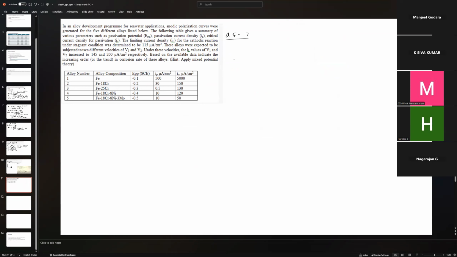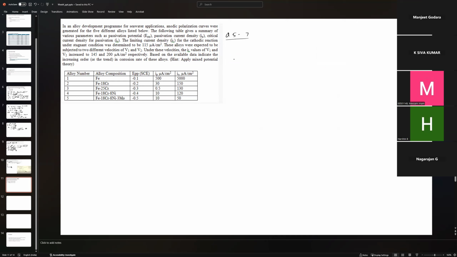The following table gives a summary of parameters such as passivation potential, passivation current density, and the limiting current density for the cathodic reaction under stagnant condition.